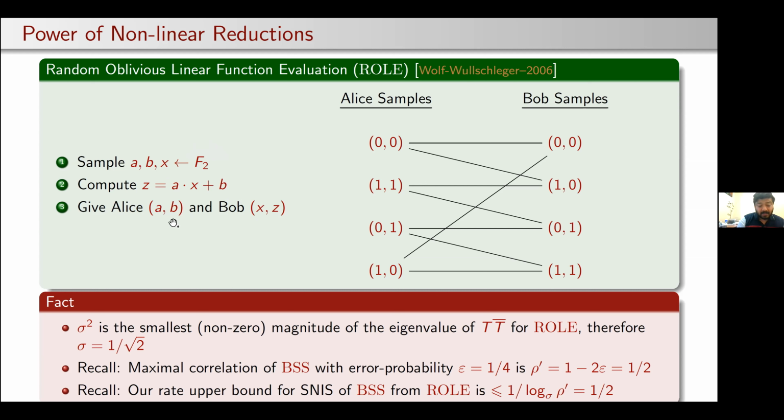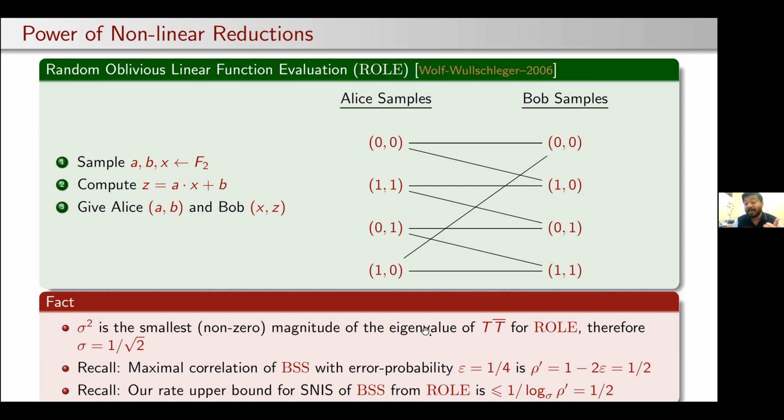So this correlated randomness can be represented by this graph, where Alice's samples are the left partite set, Bob's samples are the right partite set, and the edges indicate whether the samples are consistent or not. As you can see, this is a cycle of length 8. You can compute the corresponding T-bar vector for this source, and you can compute its eigenvalues.